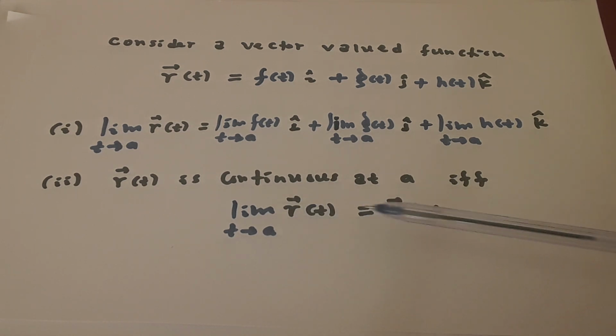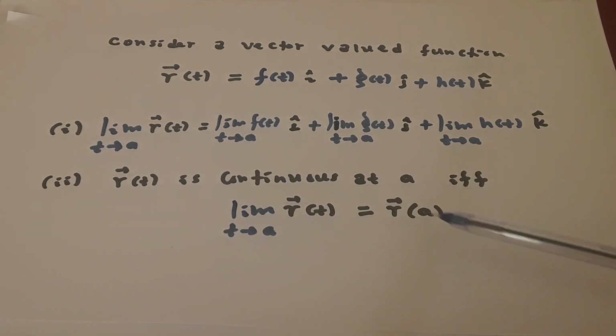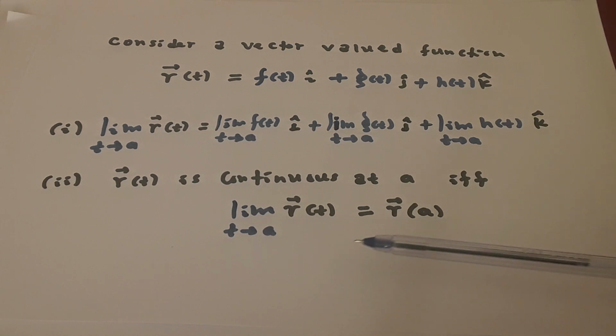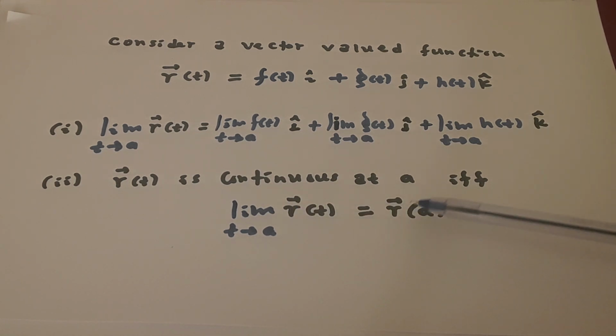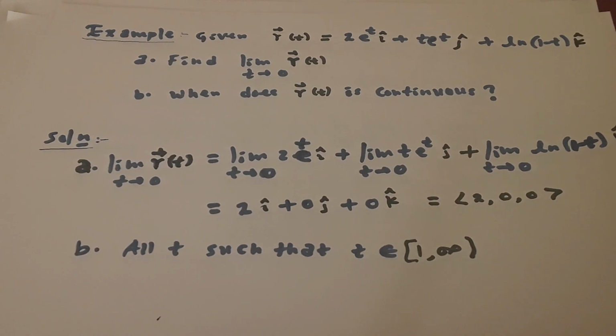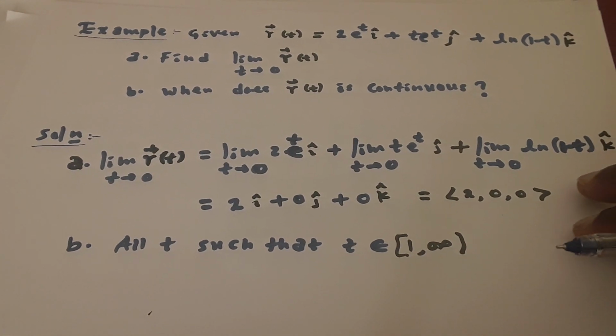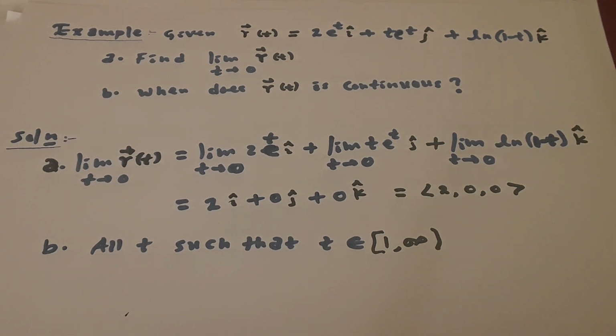In a concise form, if the limit of r of t as t tends to a is r of a, then the given vector valued function is continuous at a. Keeping this in mind, we can solve this problem. It's straightforward from the definition.